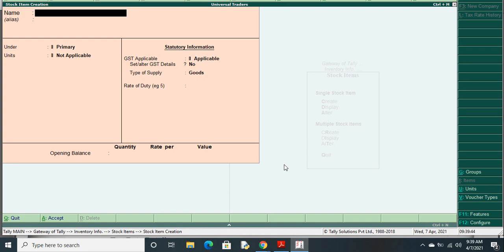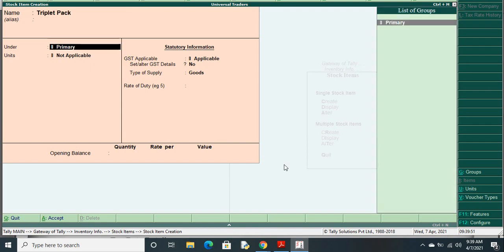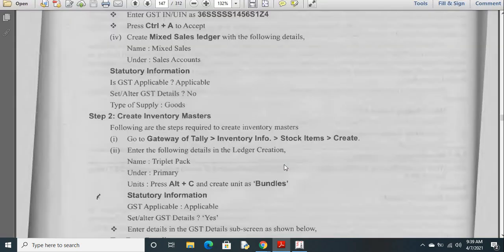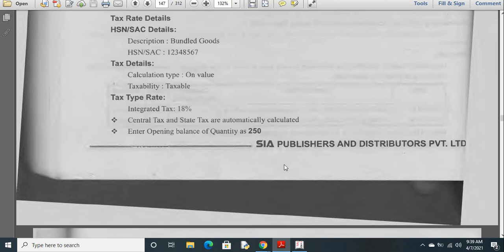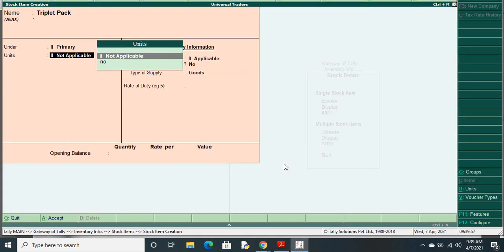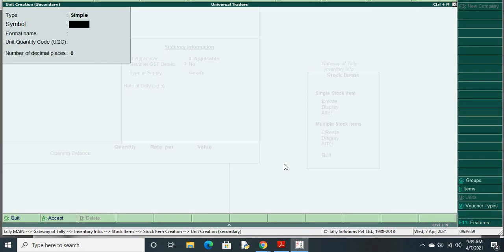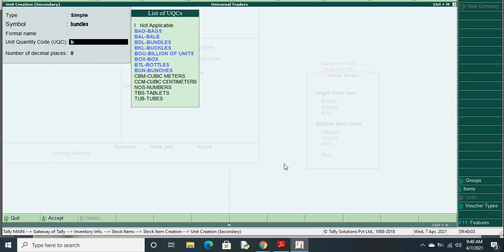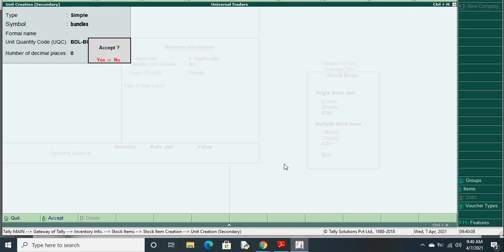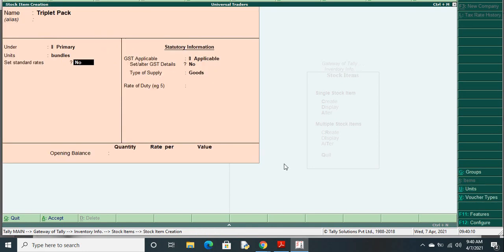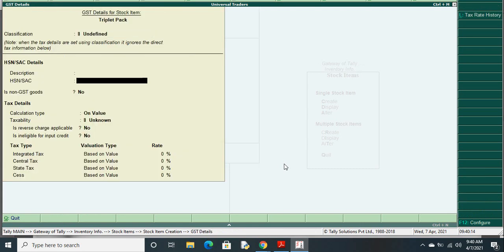Triplet pack, under primary, units, bundles, applicable, yes.